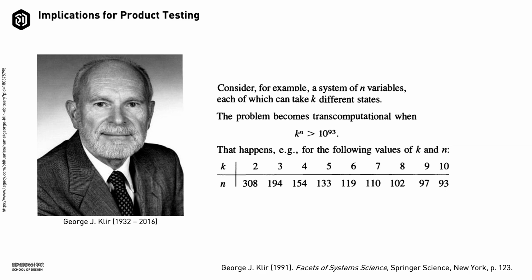If you wanted to test that program exhaustively, you couldn't do it with the means of our planet, because you're dealing already with a transcomputational problem, because your computational demand is greater than 10 to the power of 93. Or if you have only 93 variables, each of which can take 10 values, you cannot test this program exhaustively in terms of all the possible combinations.